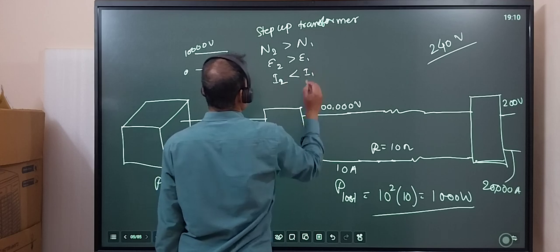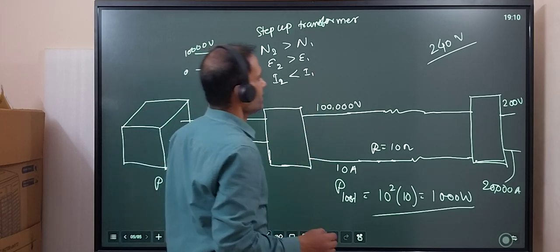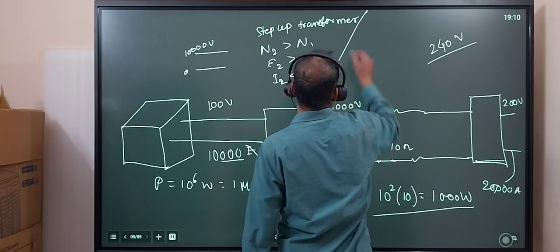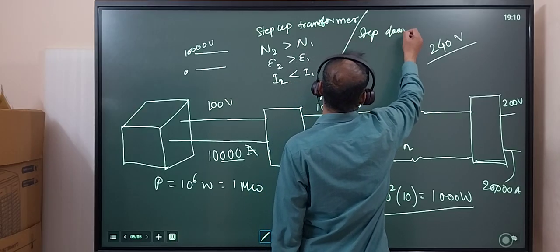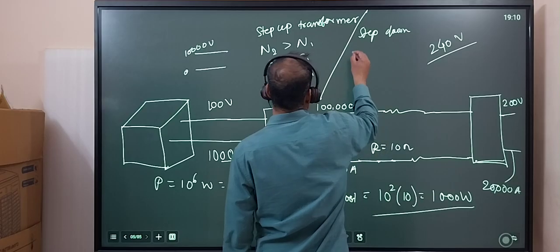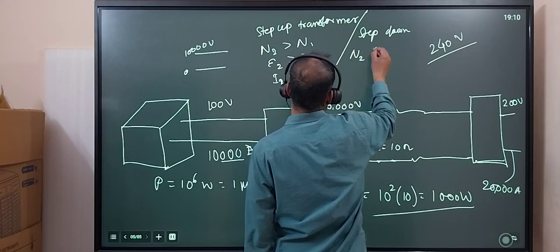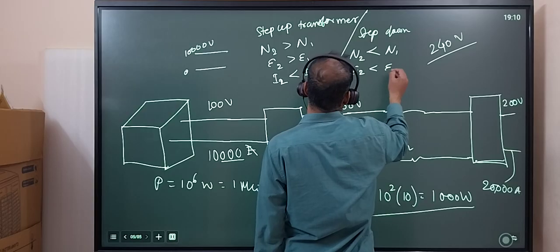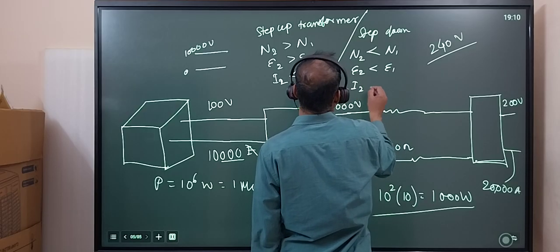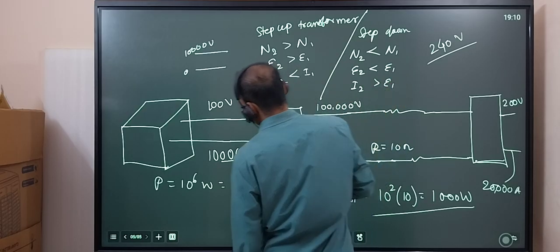Current I2 will be less than I1. And what about a step down transformer? N2 will be less than N1, E2 will be less than E1, but current will be higher.